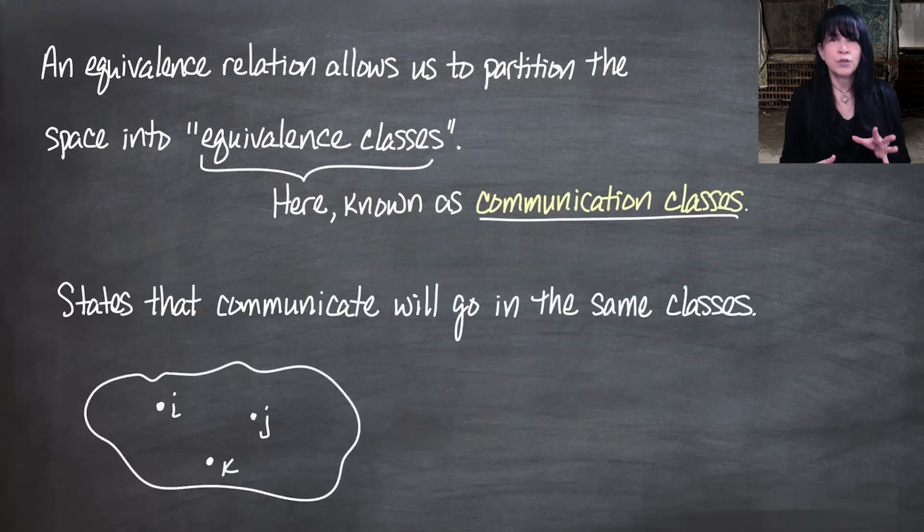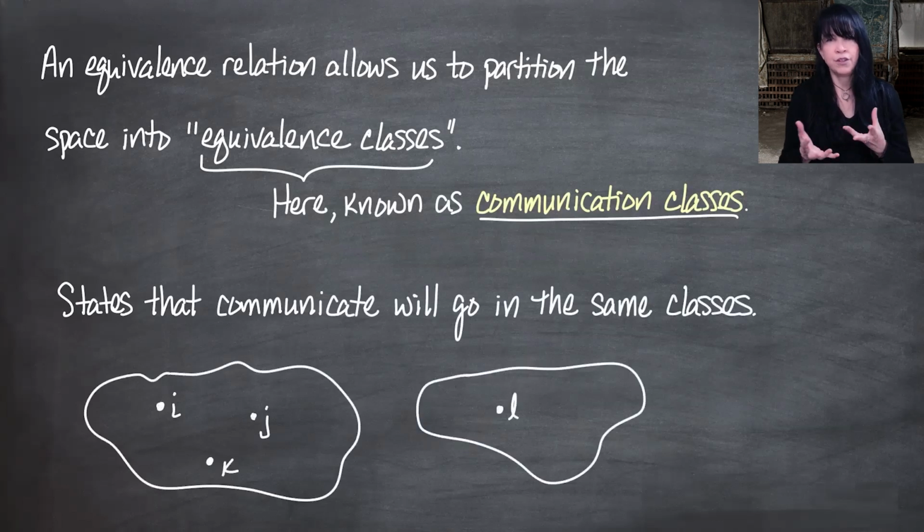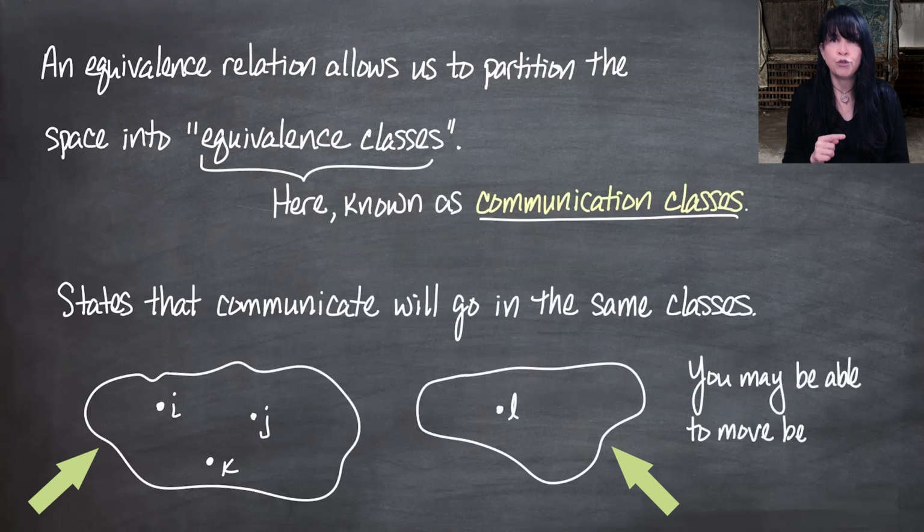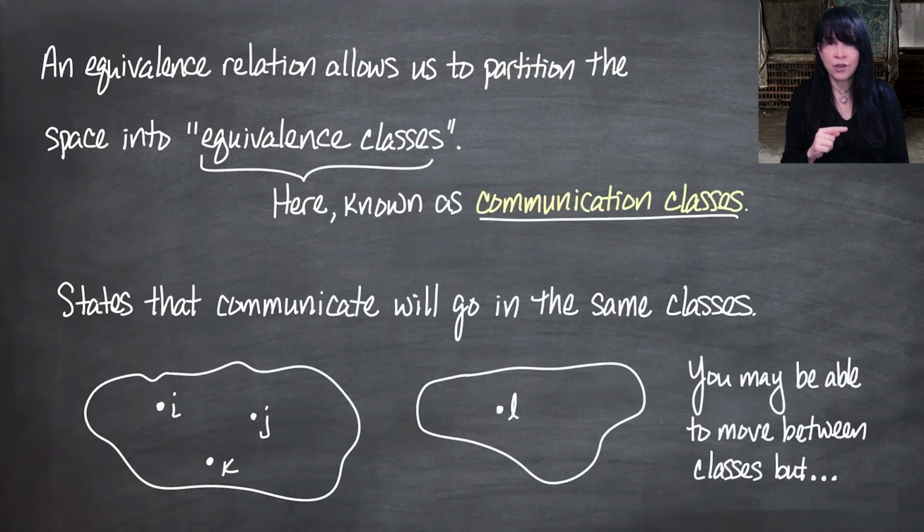Okay, so these 2 pictures represent collections of states. And within each blob, I've got all my states that communicate, and the next blob has a whole bunch of different states that communicate. And because of the separateness of the blobs, I'm saying that states in here do not communicate with states in here. That does not mean I can't move from a state in here to a state in here. But if I can, we will never be able to move back, because if so, then this should have been one big blob.